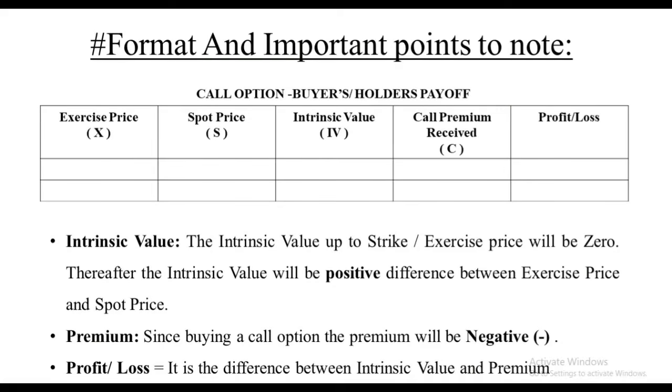Okay, so here is the format and some important points that need to be noted down. The heading will be call option buyers or holders payoff. We'll have 5 columns consisting of exercise price, spot price, intrinsic value, call premium received, and finally the profit and loss. Now a few points that need to be noted down. Number 1, intrinsic value.